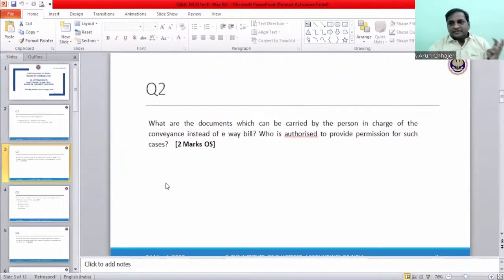Yes, it can be the tax invoice or copy of tax invoice, or bill of supply, or delivery challan, and the commissioner is authorized.